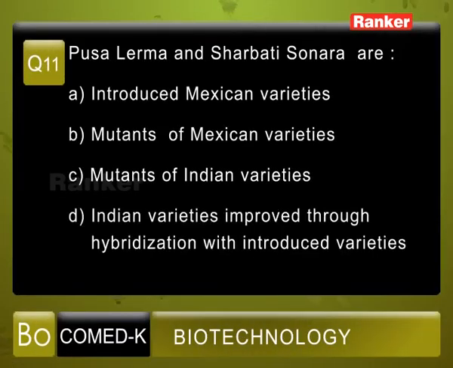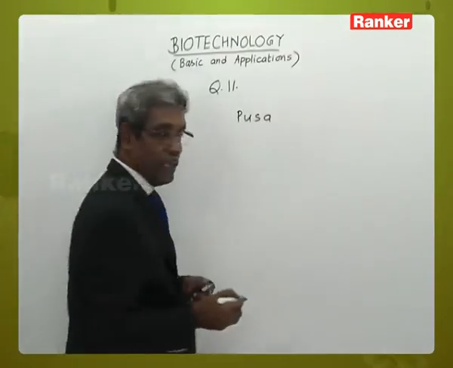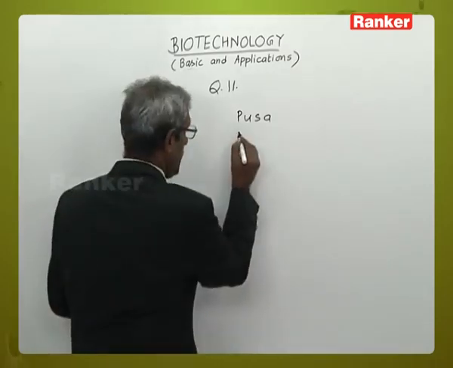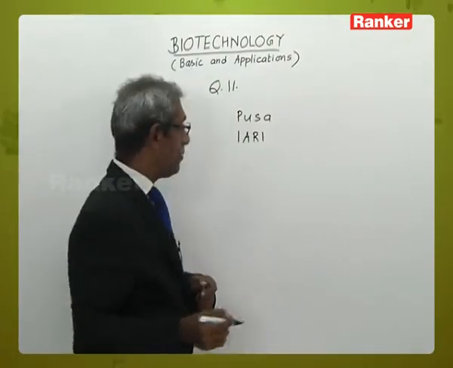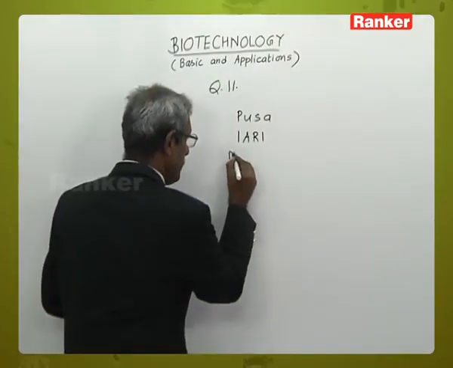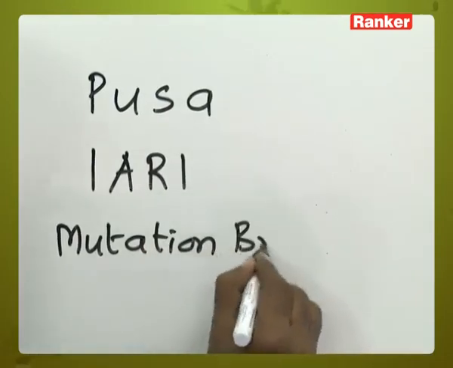Pusa Lerma and Sharbati Sonora are predominantly mutants of Indian varieties. When you take Pusa, it is a very important plant breeding institute associated with the Indian Agricultural Research Institute at Delhi. It's popularly termed the Pusa Institute, whereby crops are subjected to mutation breeding.